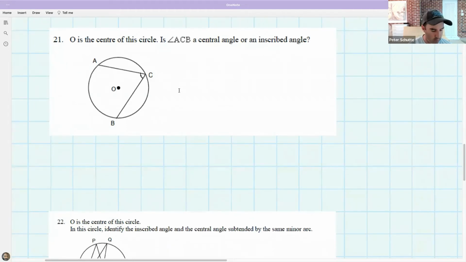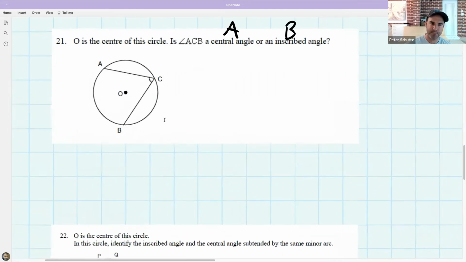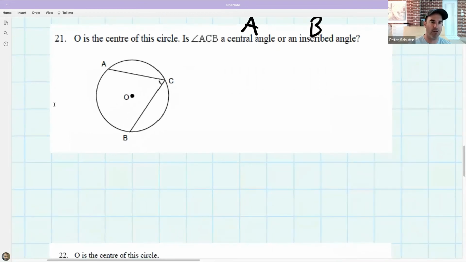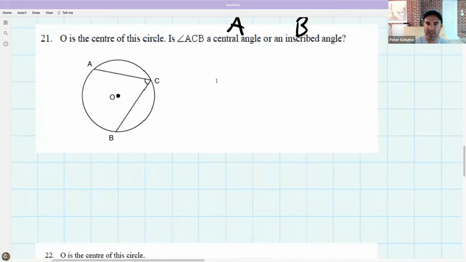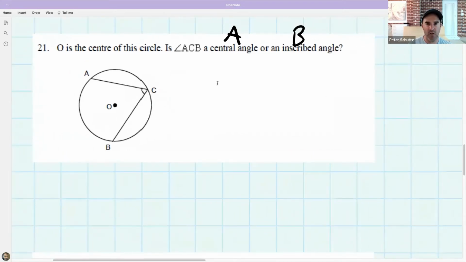I'm going to ask you to vote on this. If you think it's a central angle, make it A. If it's an inscribed angle, vote B in the chat. So we've got A, B, and C, and we've got this angle, and you need to decide, is it a central angle or is it an inscribed angle? We're talking now about angles within a circle.